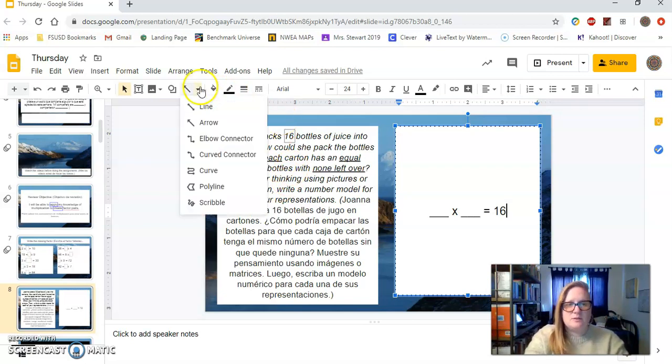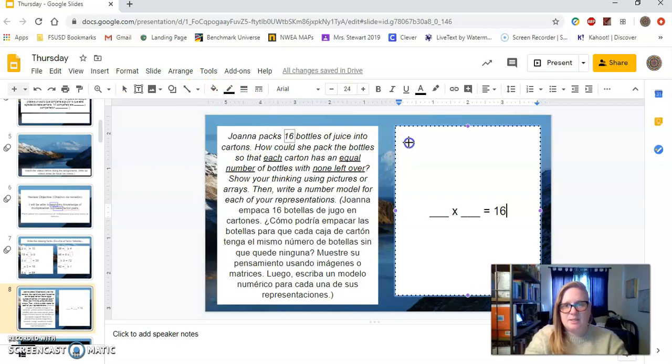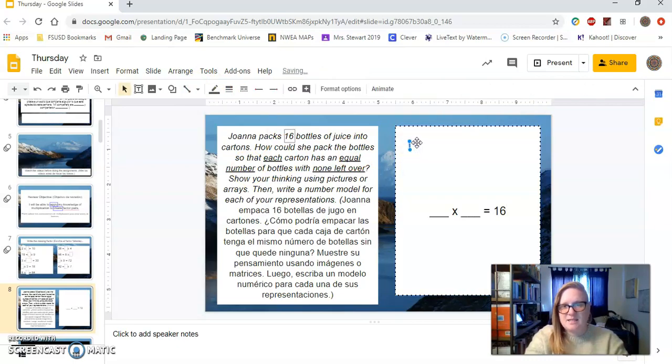array. You can use lines to show 16 items in an array. You can do circles, you could do any of those is fine. And usually copy and paste works well if you're doing 16 items in a row. And there's going to be more than one answer to this, okay?